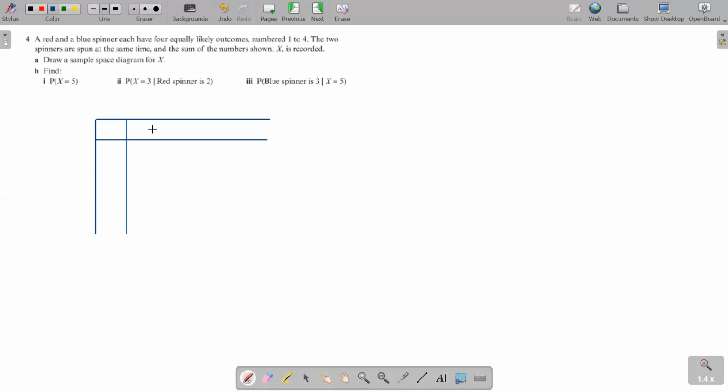So the outcomes are 1, 2, 3, 4. Let's say this is the blue spinner. And the red spinner, outcomes 1, 2, 3, and 4.